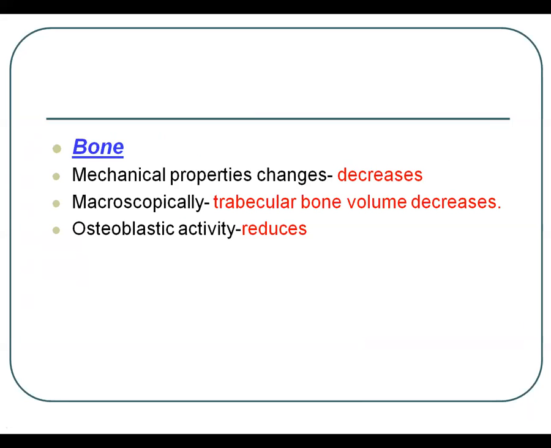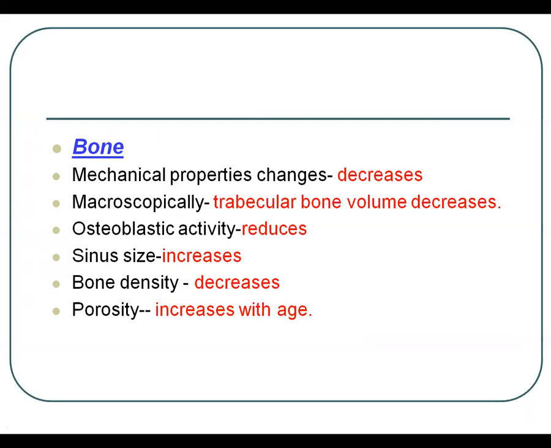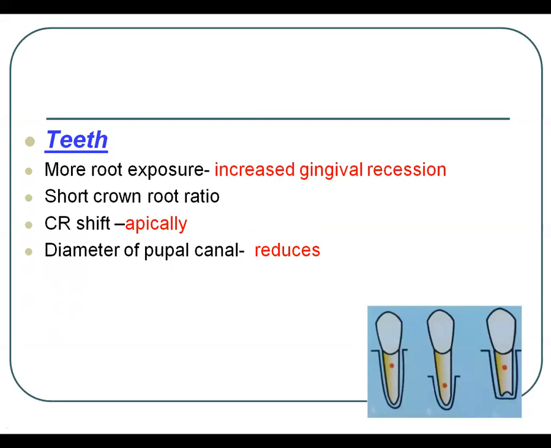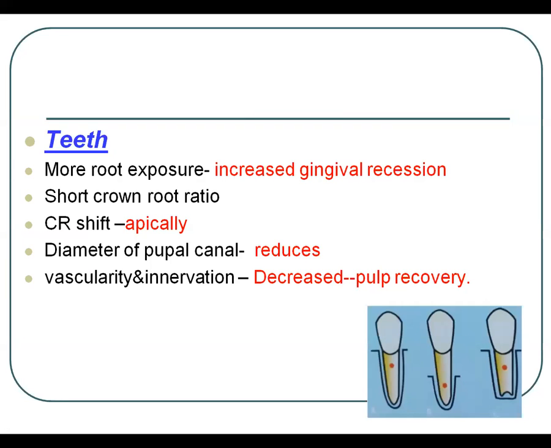The bone will be more fragile, the bone density decreases, and in the teeth you can see more root exposure, more bone resorption, and more chances of root resorption. So these are the problems we see in adult patients.